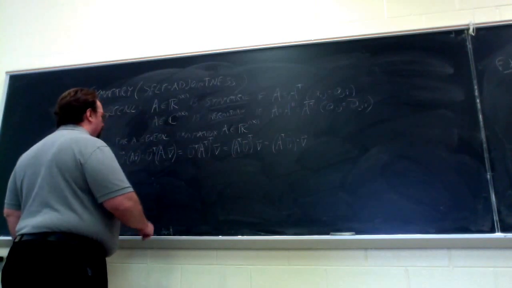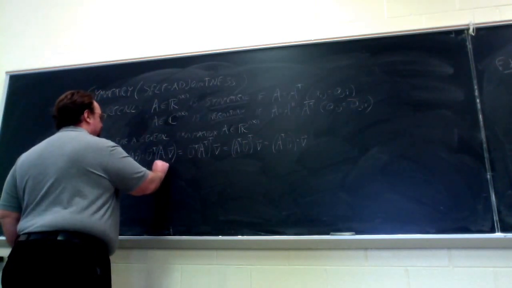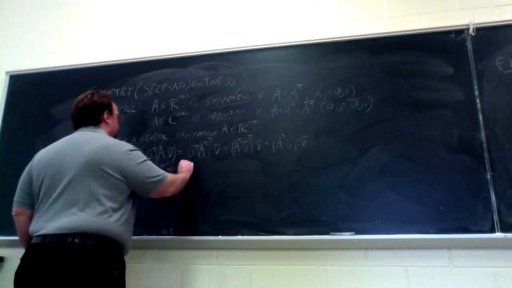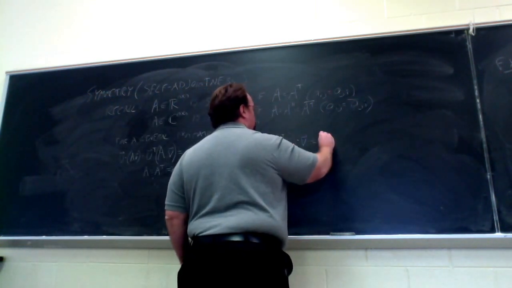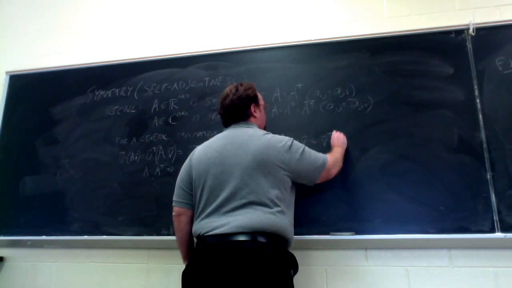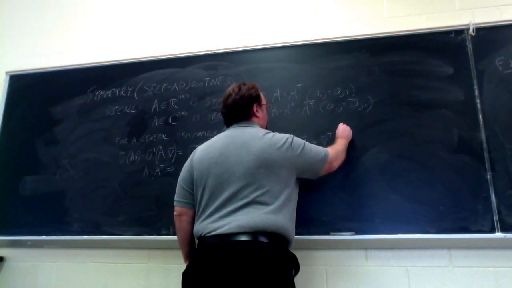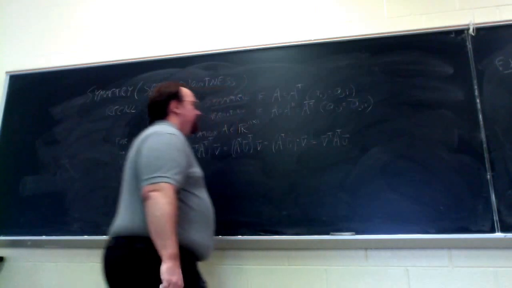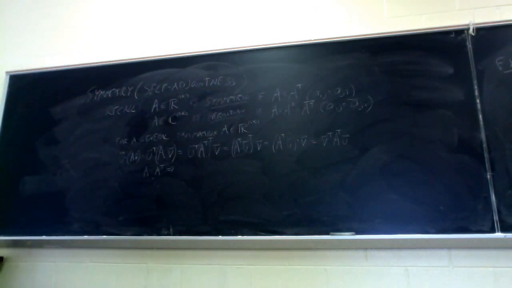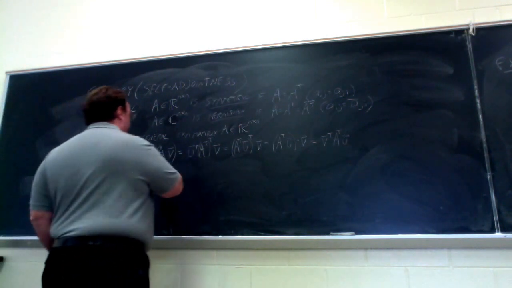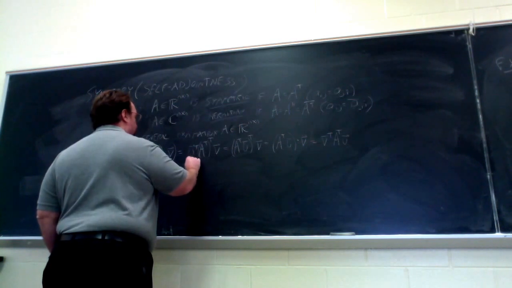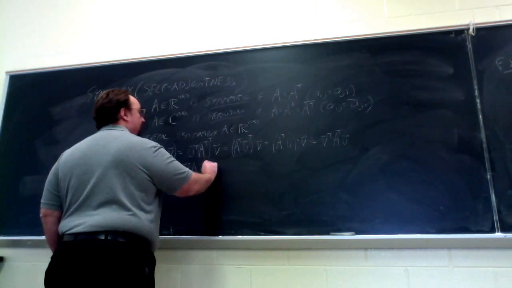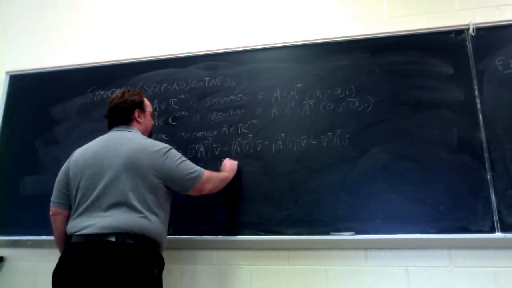So if A is symmetric, that's the same thing as saying, because what I can do here, if everything is real, I can reverse the order of the inner product and write it that way. So if A equals A transpose, if A is symmetric, that means that U transpose AV is the same as V transpose AU.